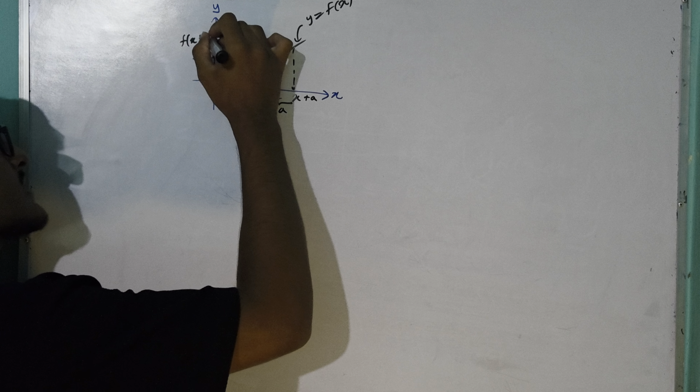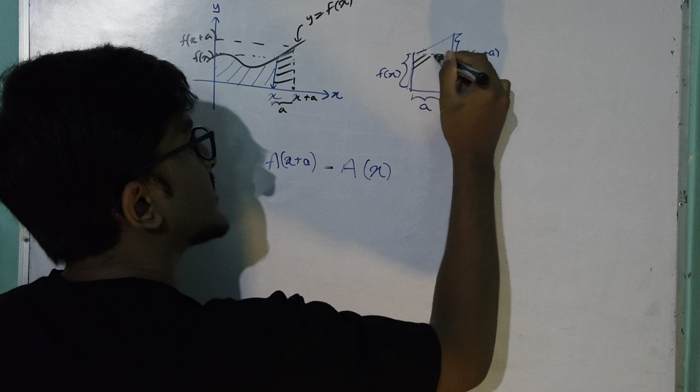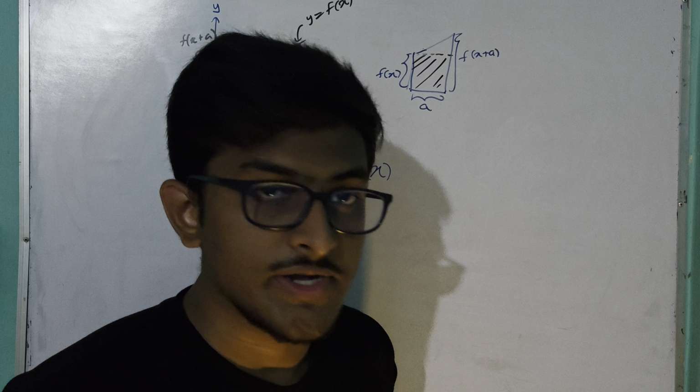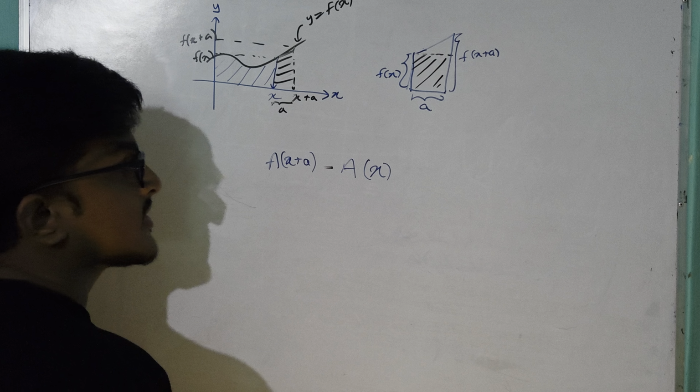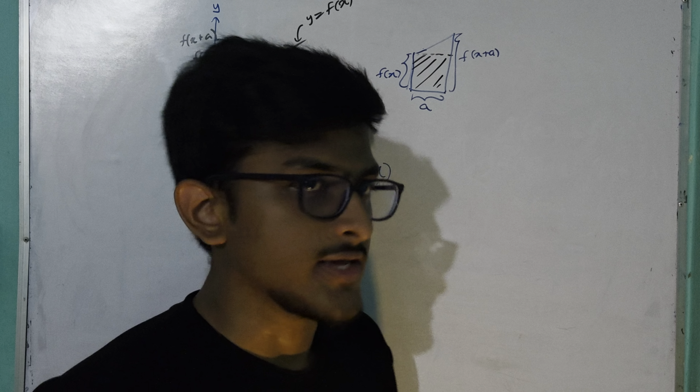Now I'm going to separately draw this one over here like so. I'm just going to mark the dimensions of it. The width is a, and this height would be f of x plus a. This height would be f of x. And now, if you're considering the area of this little rectangular part, I can write it as f of x times a, can't I?